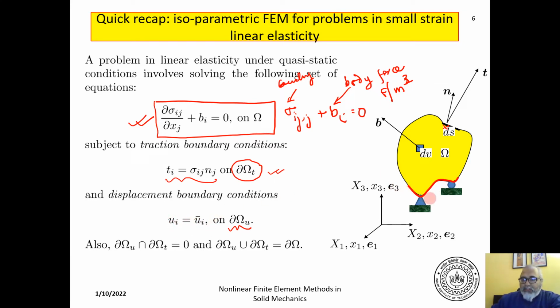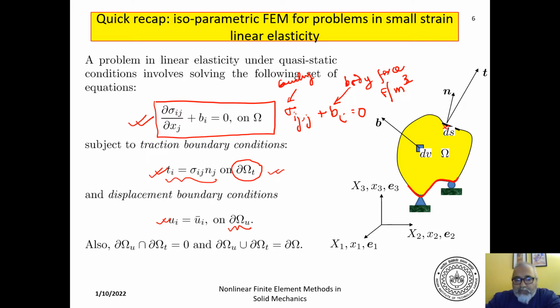One of the two boundary conditions must be applied at each and every point in the boundary, and there should be no point on the boundary on which both are applied. So this is the strong form description of a problem in linear elasticity.